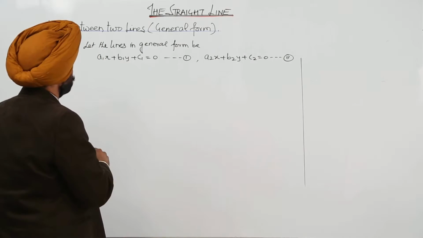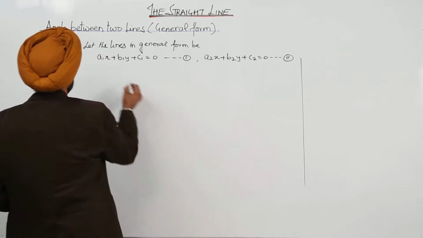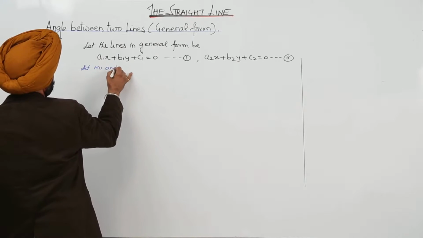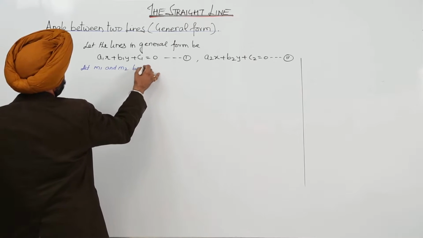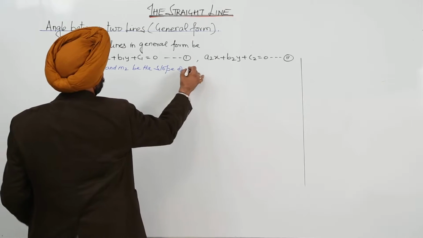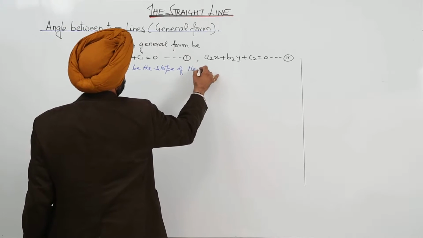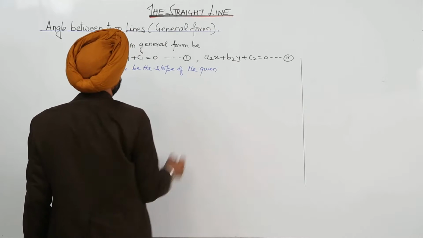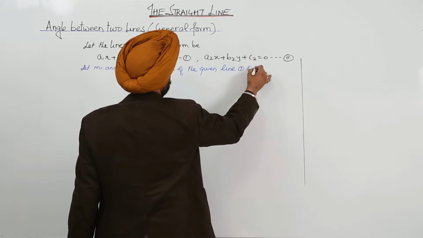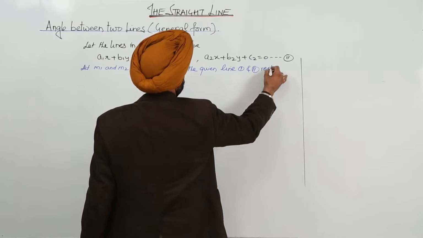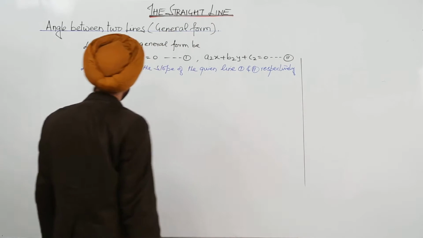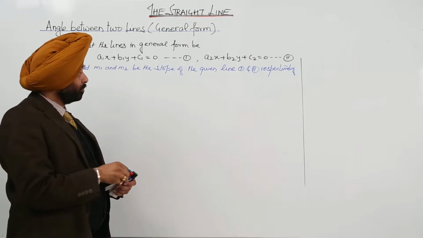Now let m1 and m2 be the slopes of the given lines 1 and 2 respectively, and we know how to find the slope directly.